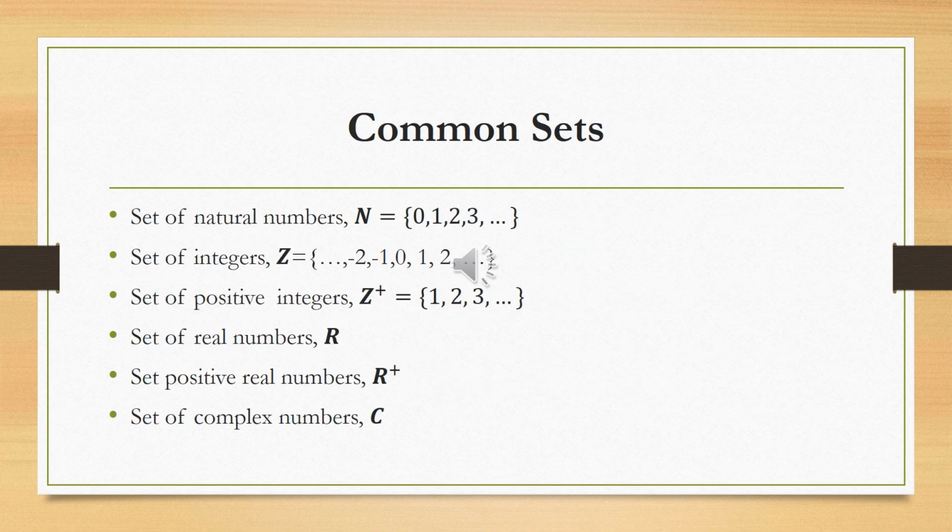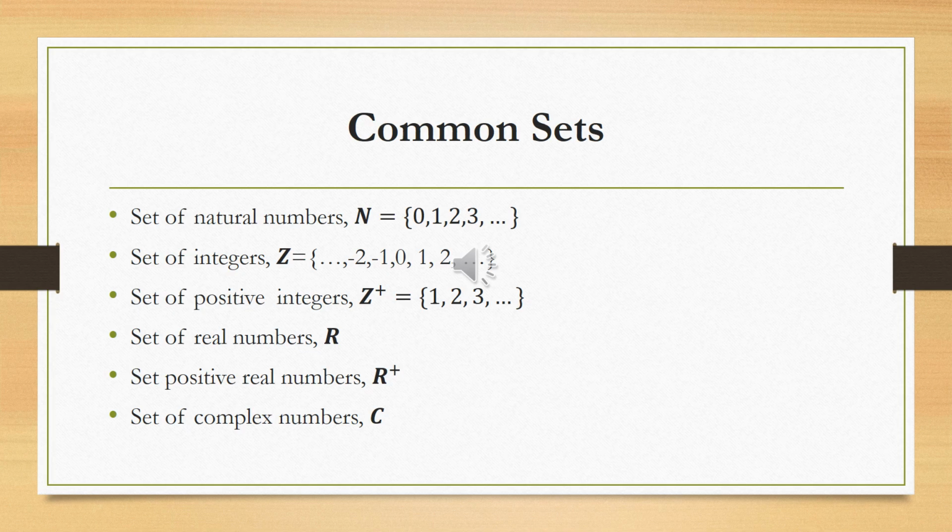Common sets. We know about common sets: the natural numbers N, which start with 0, 1, 2, 3, all the way to positive infinity. The set of integers, which we denote by Z, and it includes all the integers, positive and negative.